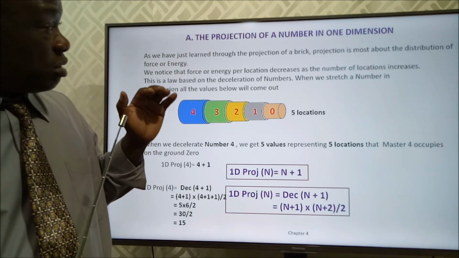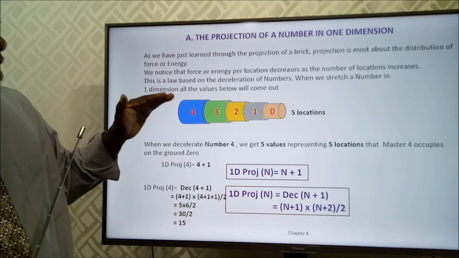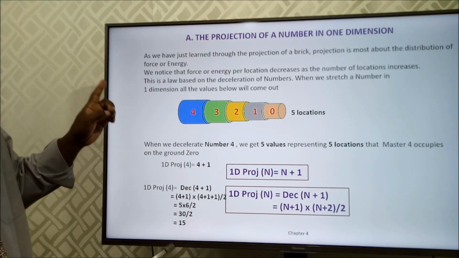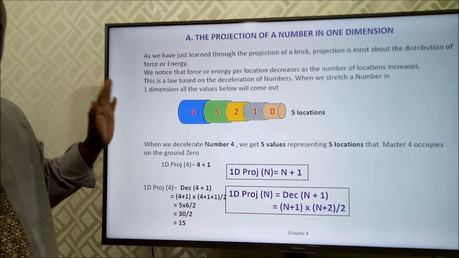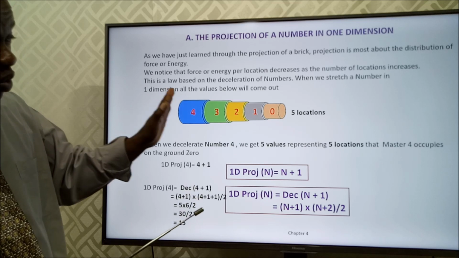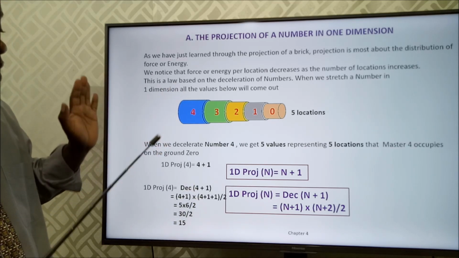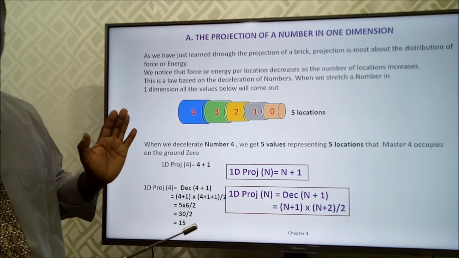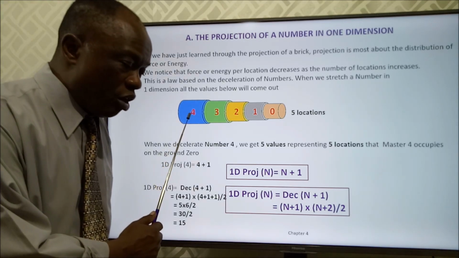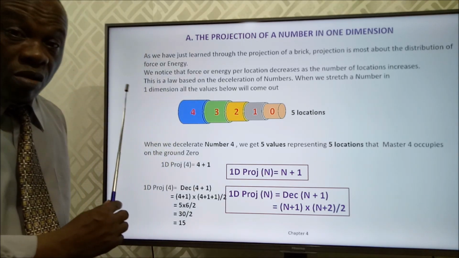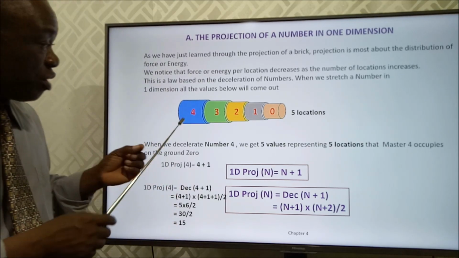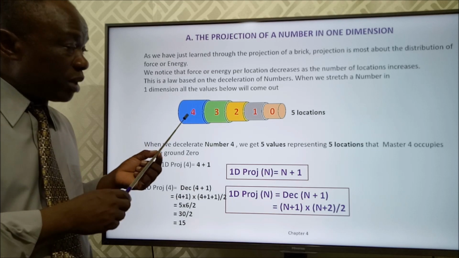So the projection we are going to see right now is just 1 dimension, as we have seen with the bricks. That's the same projection we see here. But for numbers, how does it work? We saw number 4 has to decelerate itself, because all the values from 4 must come out.